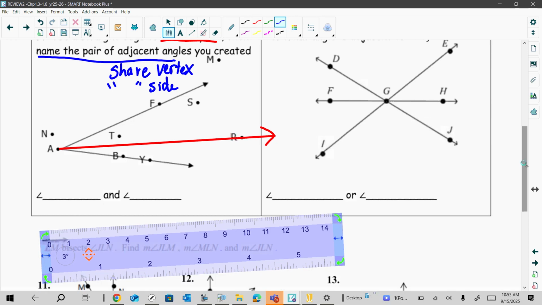All right, so one of the angles we could name, hopefully you see, is from F to A to R. T is in the interior of the angle. It's not on the ray. The other one will be from R to A to Y. Or you can say RAB. You can go to B or you can go to Y. So the answers could vary.